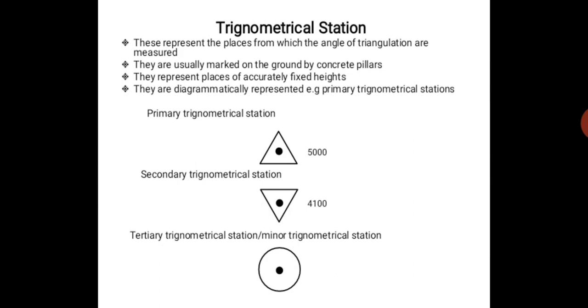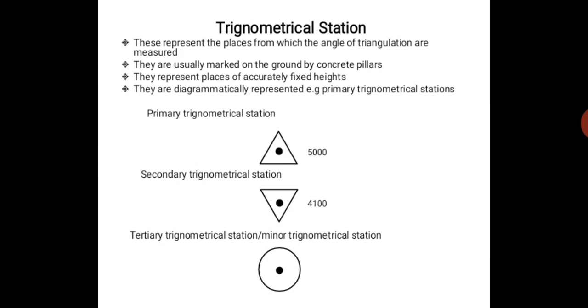You get to a place, you see a triangle with a big dot inside, with a number 5000. That height has already been determined. That is called a trigonometrical station on a map.